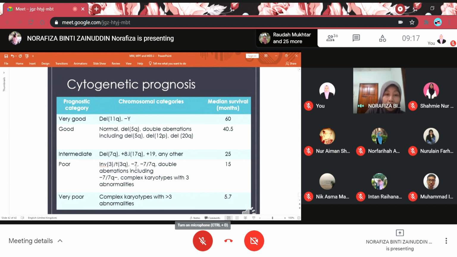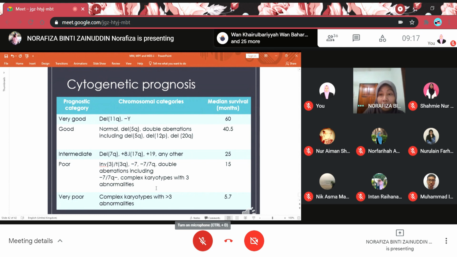Katakan gabungan inversion, deletion of chromosome 7 and then dia ada double aberrations lagi, lepas tu dia ada yang lain lagi. Maknanya more than 3 abnormalities in one karyotype upon karyotyping.